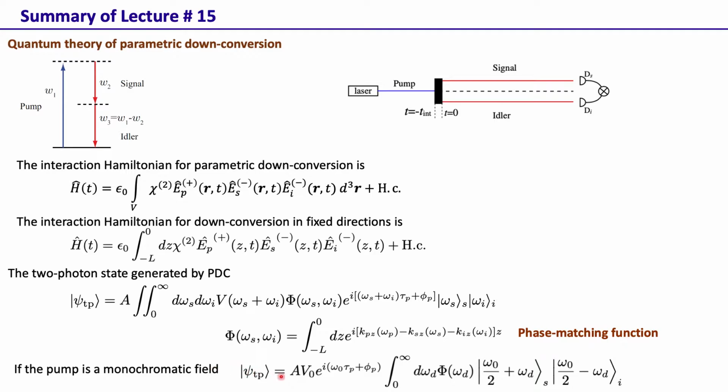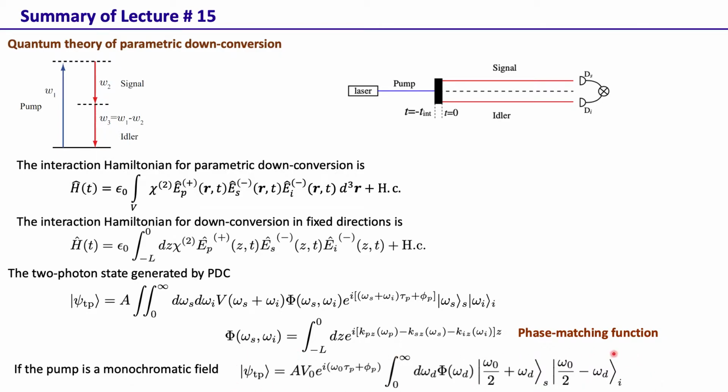When the pump is monochromatic at frequency omega naught, the two photon state can be written like this, where we have this phase matching function, and these are the signal and idler states in terms of omega p and omega d. Here we noted that this is an entangled state, because this integral over omega d cannot be separated as a state of signal and a state of idler, and hence, since this is an inseparable state, it is called an entangled state.